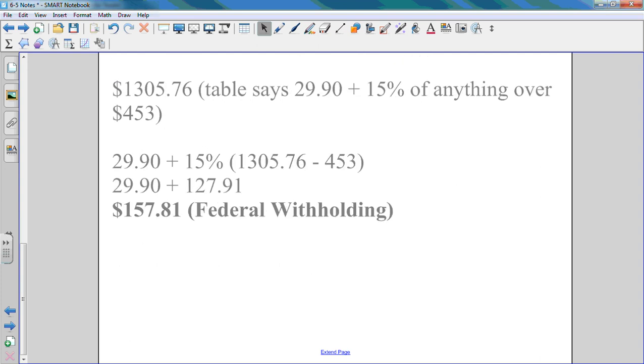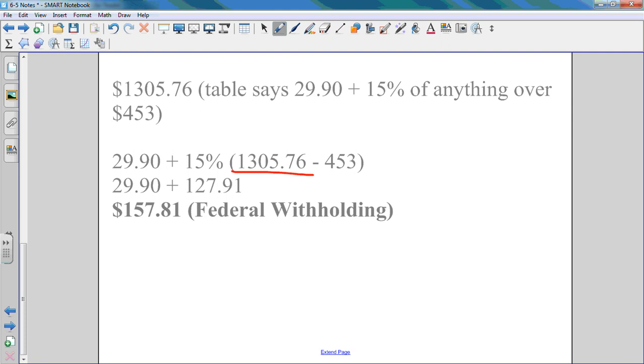So there's my formula, $29.90 plus 15%, and how do I find how much over $453 I make? Well, you take your AGI, your adjusted gross income, and subtract out the $453, and that's the difference.